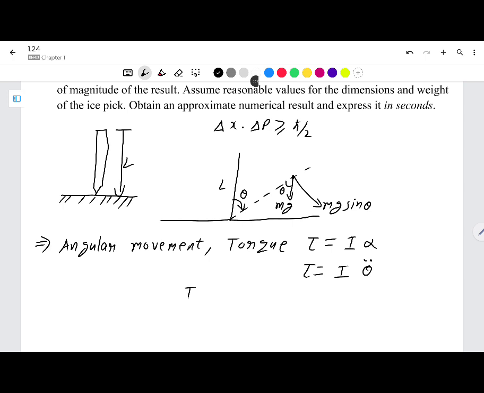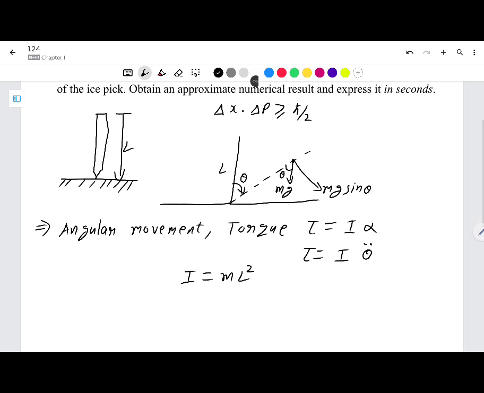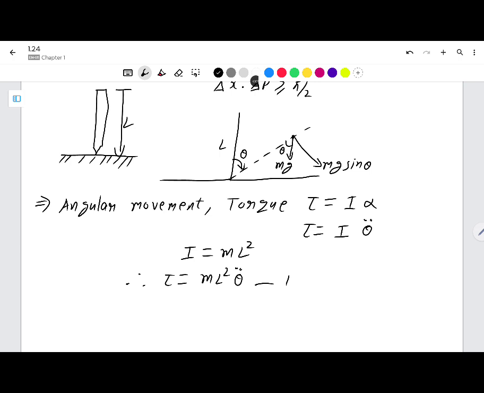We can write moment of inertia as mass times length square, so that would give us torque is equal to mL square theta double dot. Let's say this is equation 1.